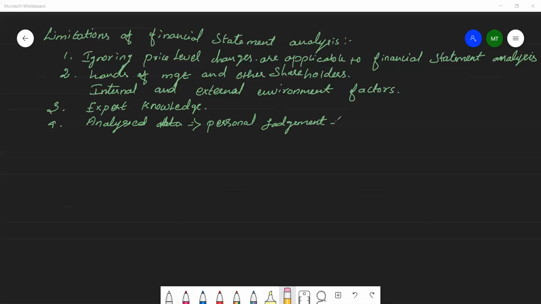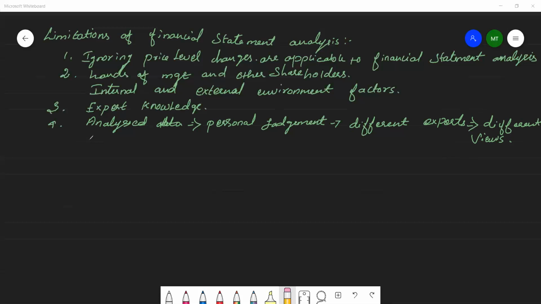So personal judgment, different experts may give different views. Okay, that's all. These are the limitations of financial analysis.